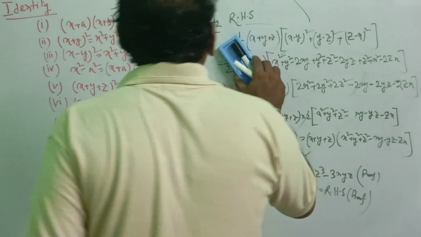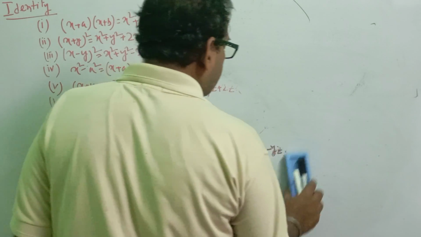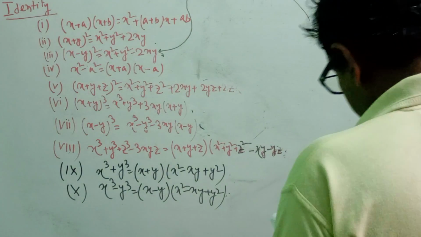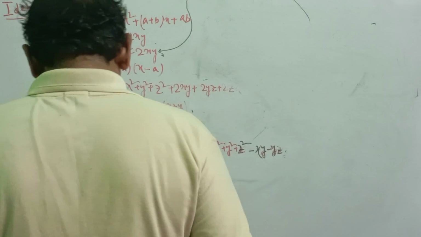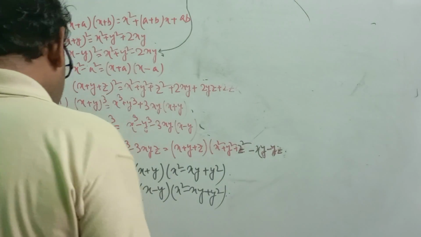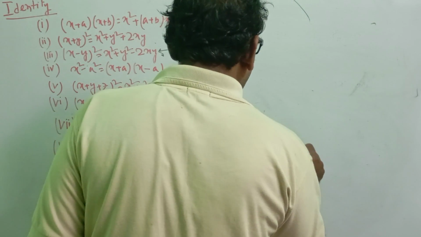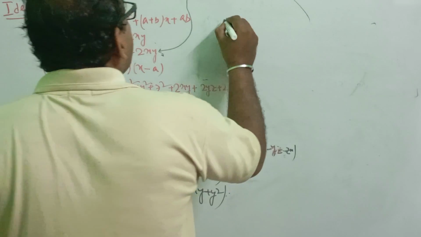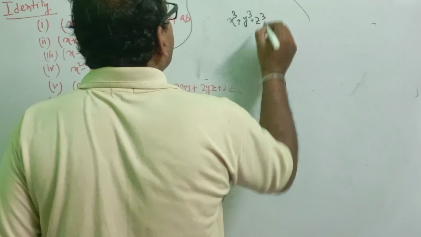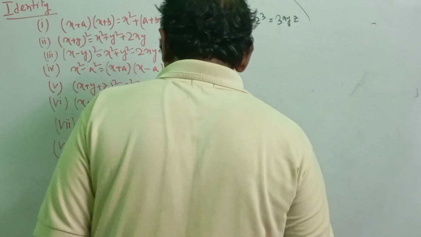Now you go through question number 30. Show that x cube plus y cube plus z cube minus 3xyz is given.